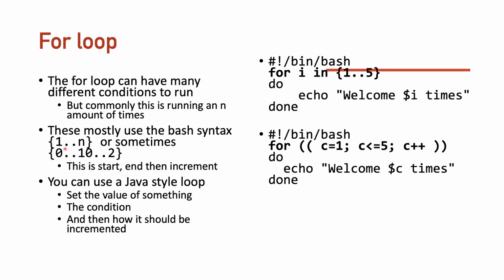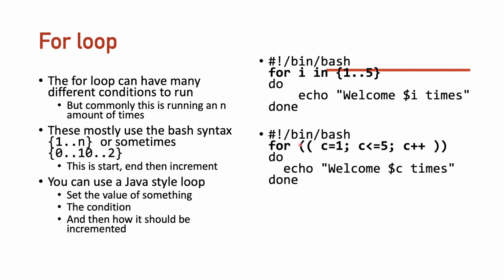Now the other syntax you have is like this one. Start at 0, end at 10, but go in jumps of 2. So start, end, increment. If you're familiar with Java or some C-style programming language, you might be familiar with this instead, where you have your value of i, then your condition, and then the increment.